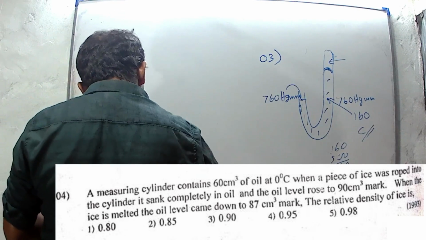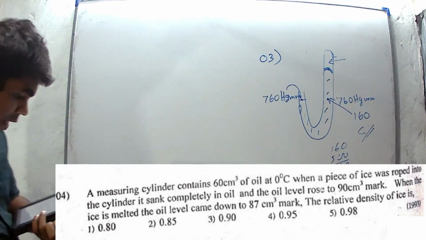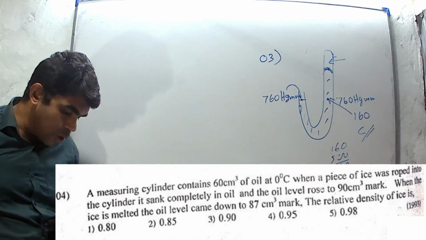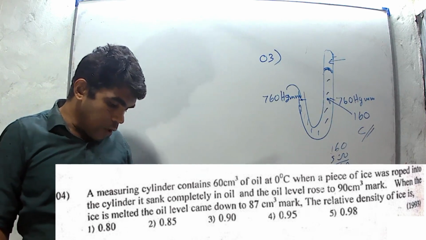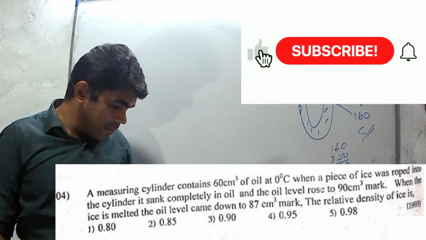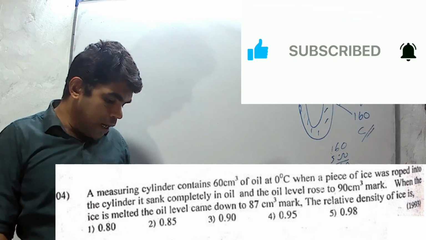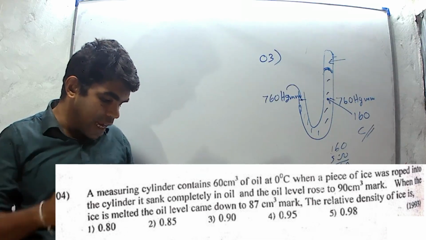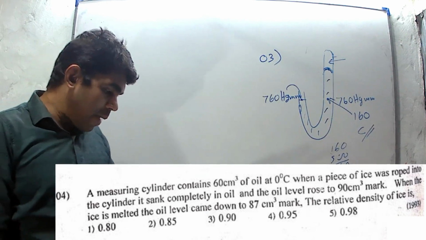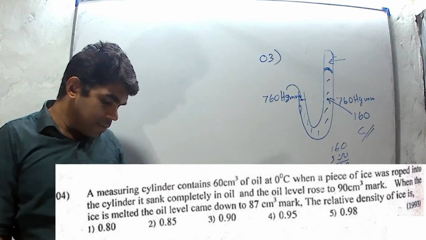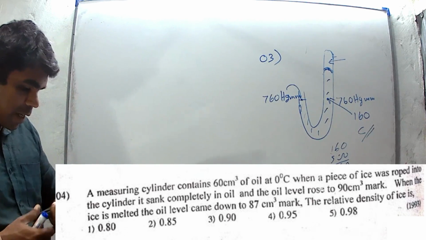A measuring cylinder contains 60 cubic centimeters of oil at 0 degrees. When a piece of ice was dropped into the cylinder, it sank completely in oil and oil level rose to 90 cubic centimeters mark. When the ice is melted, the oil level came down to 87 cubic centimeter mark.